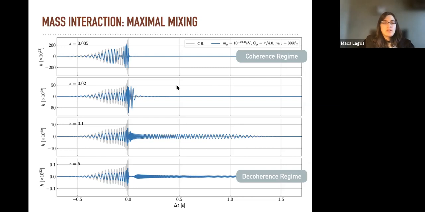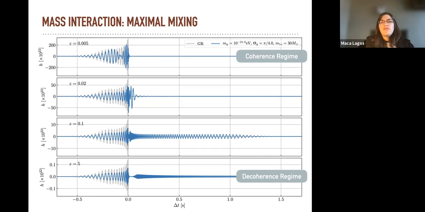Well, here the different panels show the gravitational wave signal that you would detect if you had these massive gravity interactions when the source is located at different redshifts. So effectively, the different panels are showing what you would expect if the wave was propagating for longer and longer. So the redshift here is increasing downwards.